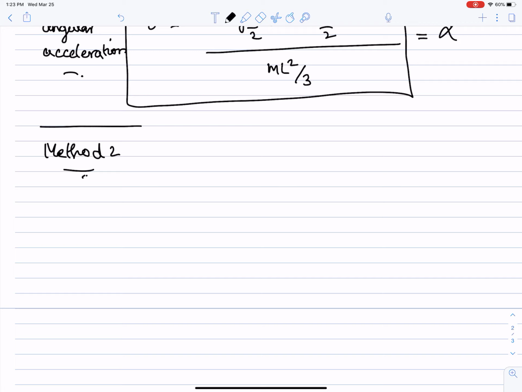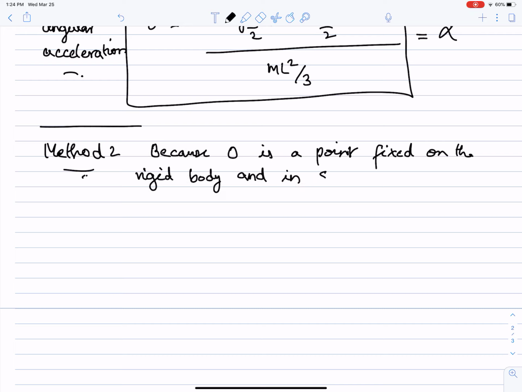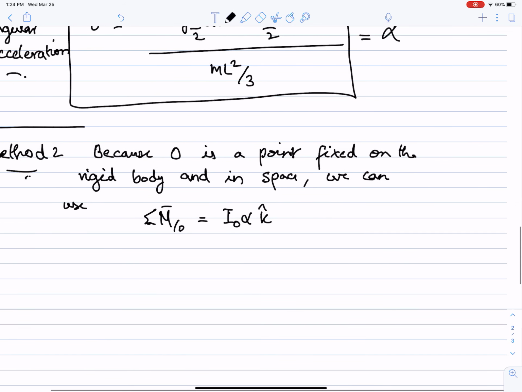It turns out that because O is a point fixed on the rigid body and in space, we can use sum of moments about O, even though O is not the center of mass, we can use I_O times alpha k. Okay? So as opposed to equation 3.